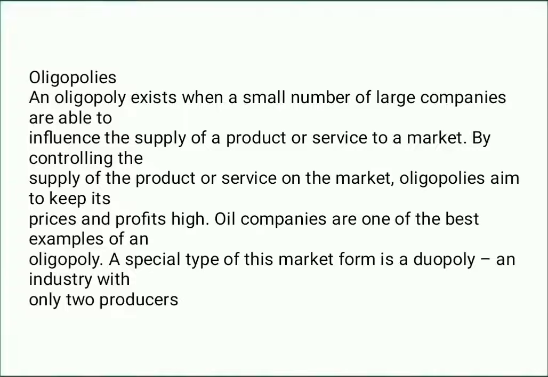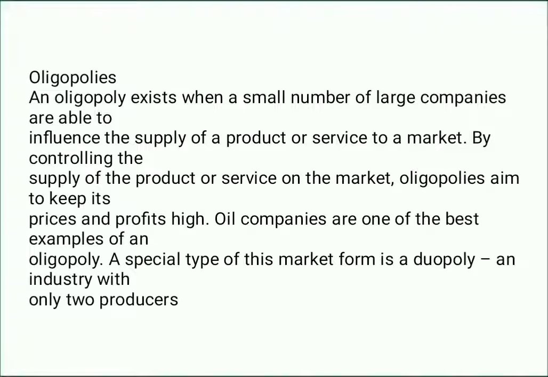Oligopolies. So now we are going to oligopolies. An oligopoly exists when a small number of large companies are able to influence the supply of a product and service to a market. By controlling the supply of the product or service on the market, oligopolies aim to keep prices and profits high.